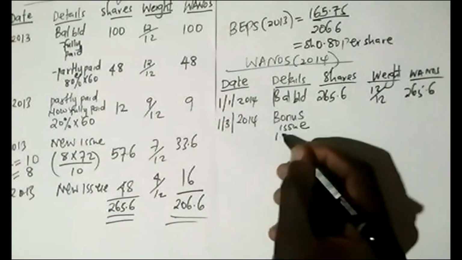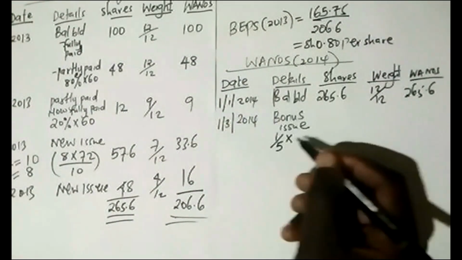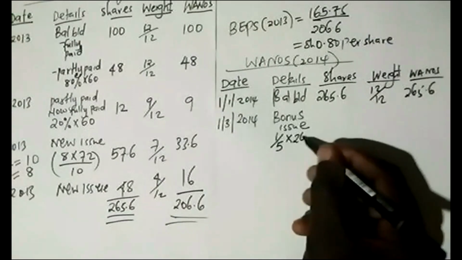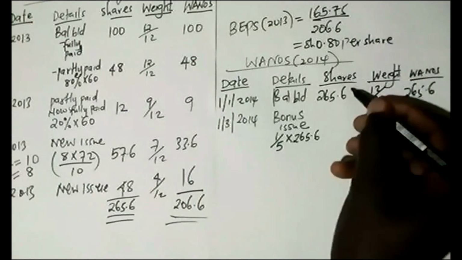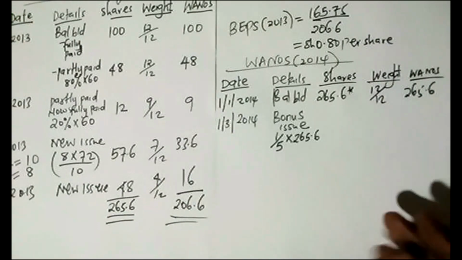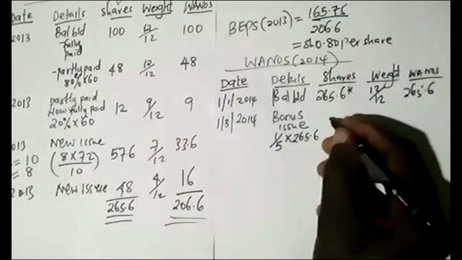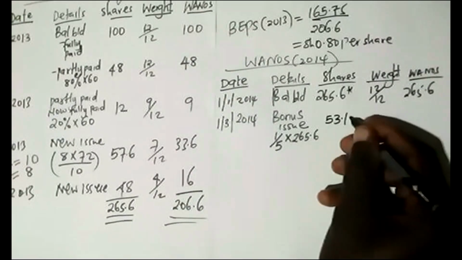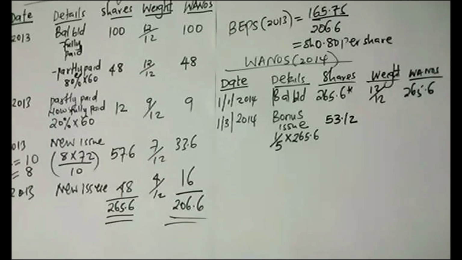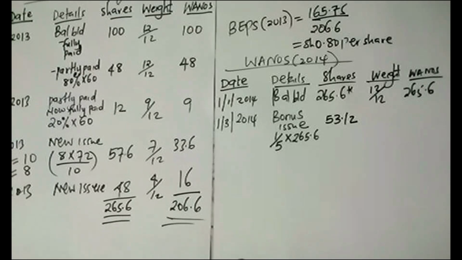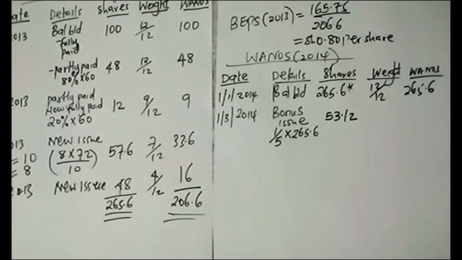The bonus was in terms of 1 for every 5 of the shares which were held, 265.6. If you divide by that, I'm getting 53.12.